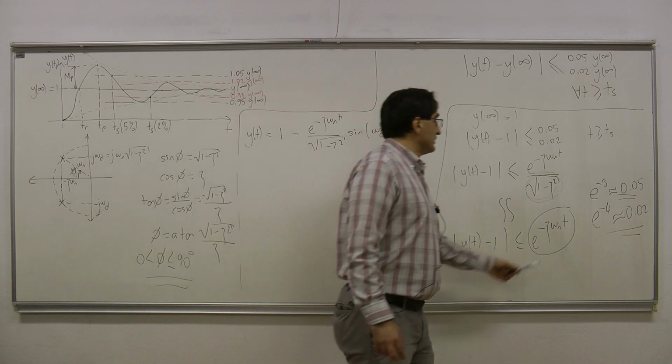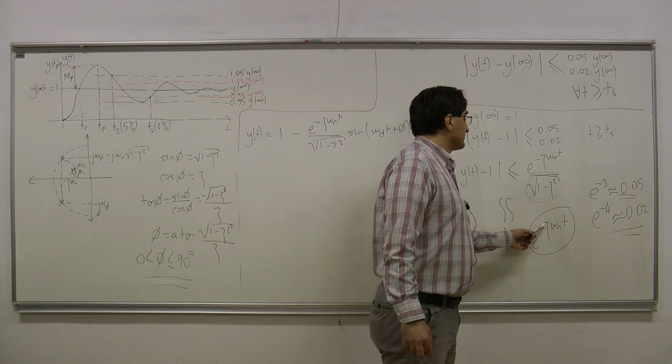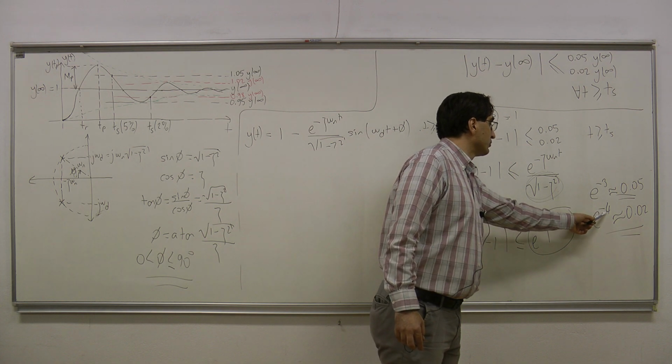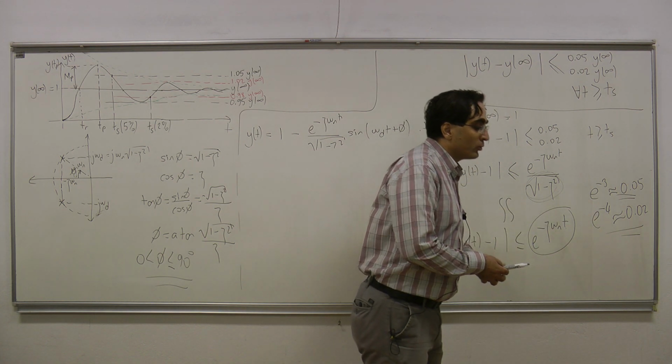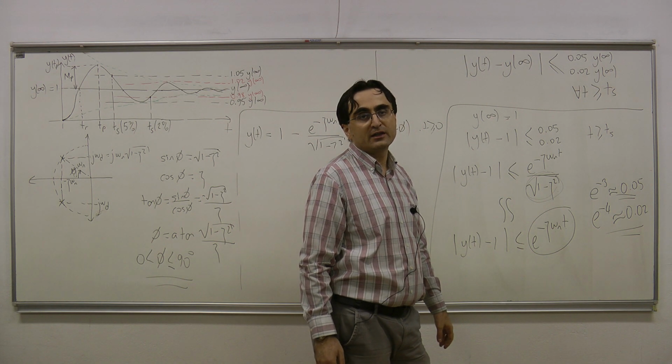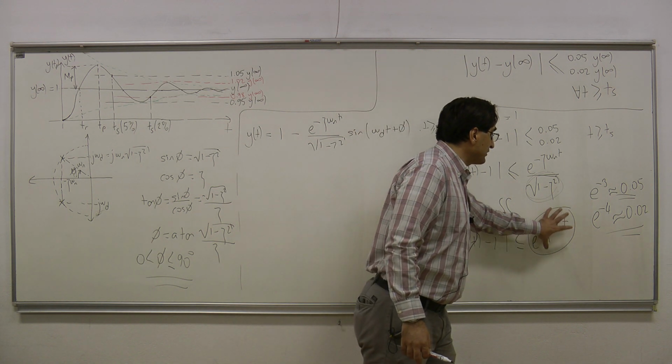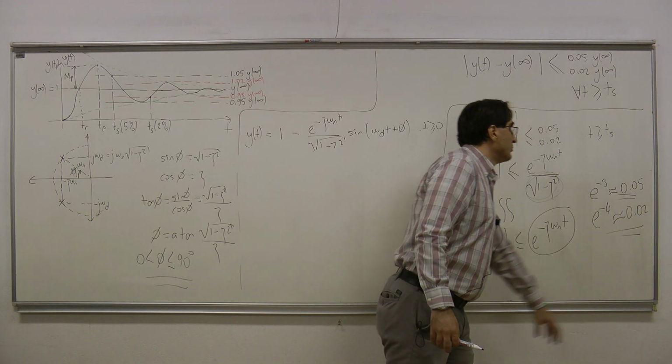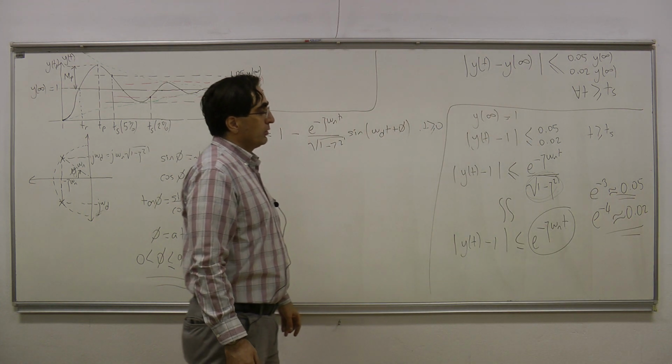Similarly, if I make psi omega n t equal to 4, then for all larger time instants than the one satisfying that equation, this exponential is going to be smaller than or equal to 0.02.